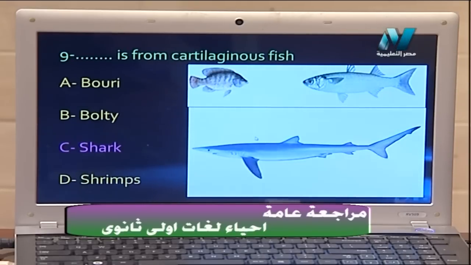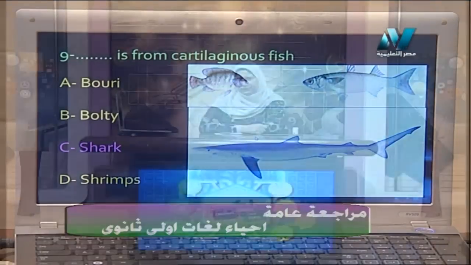That means air bladder here, when it found it full with air, help the fish to ascend up or down. Shark has no this air bladder.